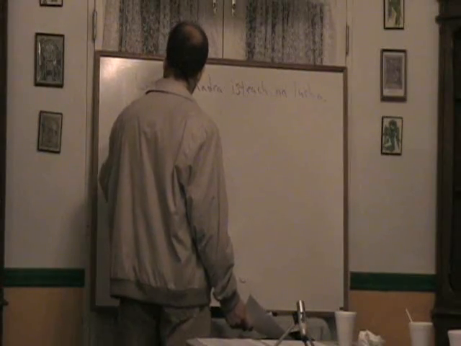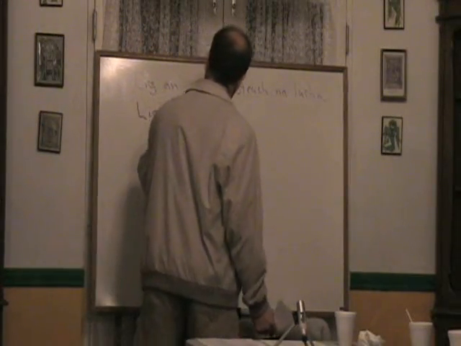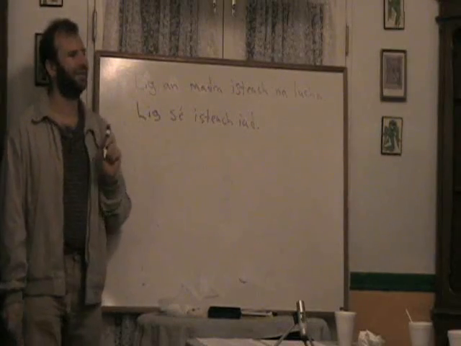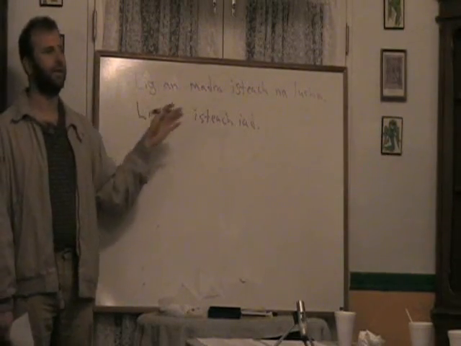Okay? And I'm going to shorten it for what we're going to do here. It's going to say Lig she is chachid. He let them in. Okay? So he let them in.